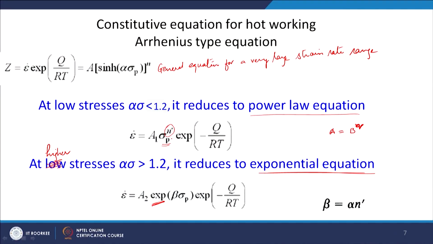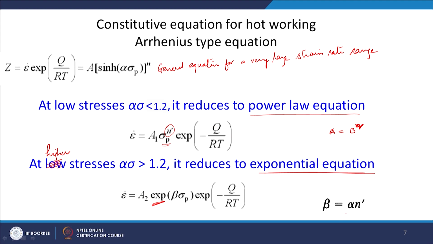So, sine hyperbolic is a generalized equation, and these are equations for specific domains. For low strain rate and low stress conditions, you will have the power law equation, but there is a power law breakdown as you increase the strain rate.